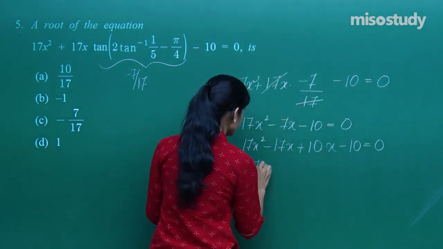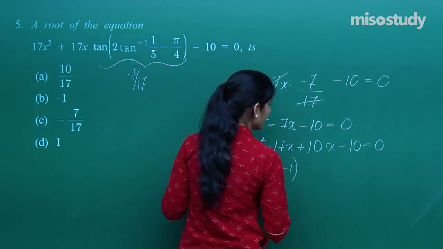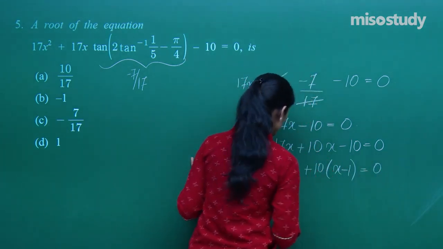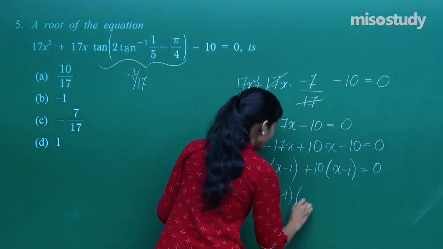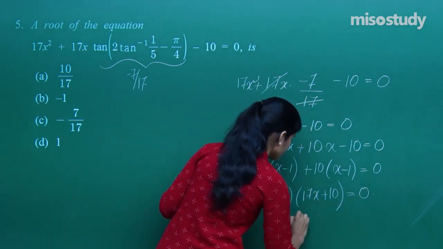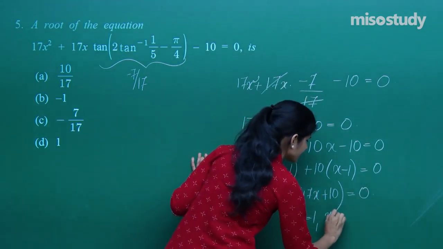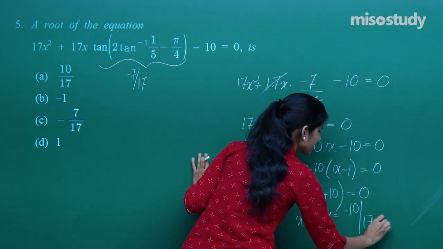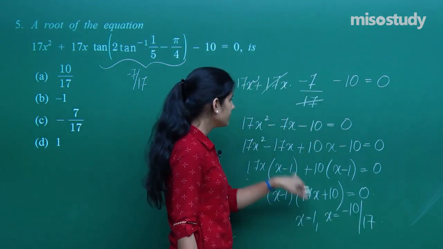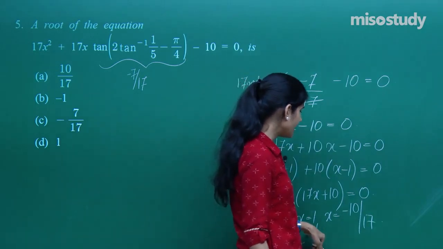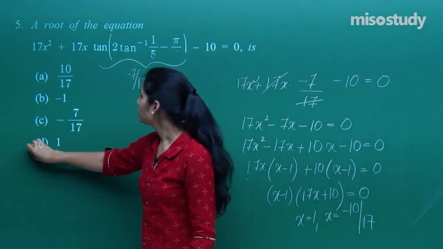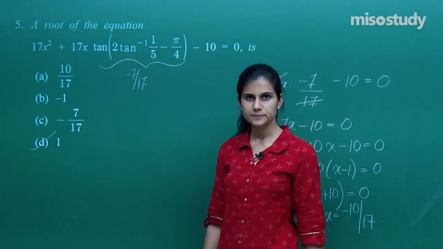This gives you 17x into x minus 1 plus 10 into x minus 1. So you get x minus 1 and 17x plus 10, which gives you x equals 1 and x equals minus 10 by 17. So one of the roots of this complete equation is 1, another is minus 10 by 17. The question was one of the roots, and that is equal to 1 in this case.